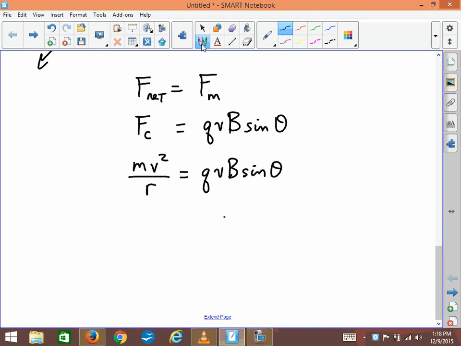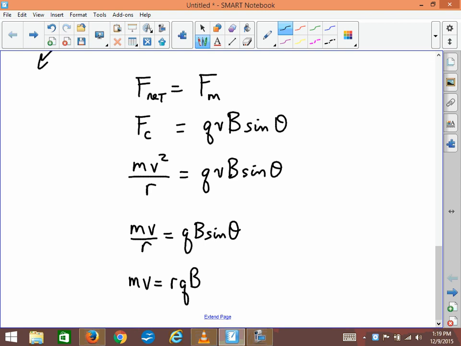And this little expression then can be simplified, right? The first thing we can do is divide both sides by v. So we would get mv over r equals qB sine theta. And then, of course, we could multiply the r to the other side. Basically, we can do whatever we want. Let's do that. mv equals r times q times B.